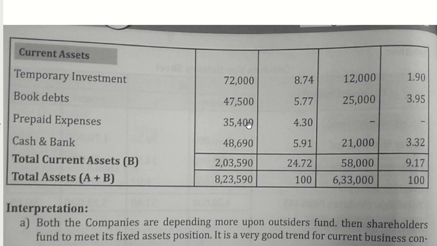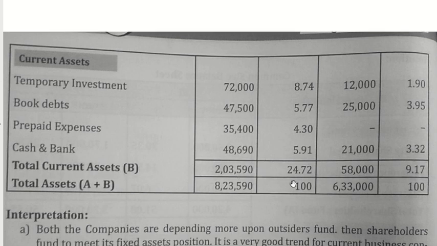Book debts 47,500 divided by 8,23,590, you get 5.77. Prepaid expenses 35,400 divided by 8,23,590, you get 4.30. Cash in bank 48,690 divided by 8,23,590, you get 5.91. So you total up your current assets. Now your total assets will be equal to 8,23,590, which is equal to 100%.